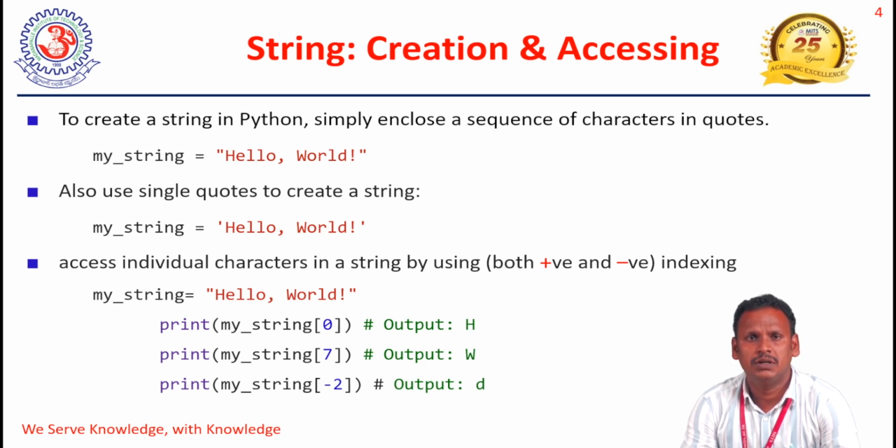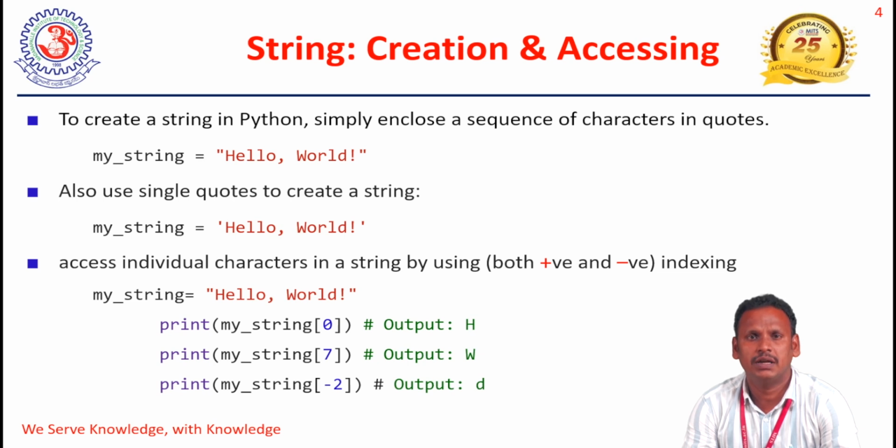If you observe this example, I am storing the string hello world in my_string variable. Now I am trying to access each and every character by using indexing. Here I am using print(my_string[0]), within the square brackets I am mentioning the index 0. In index 0, what character is stored?